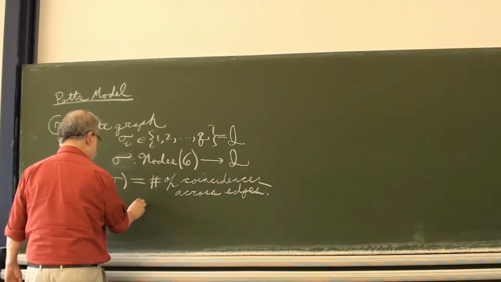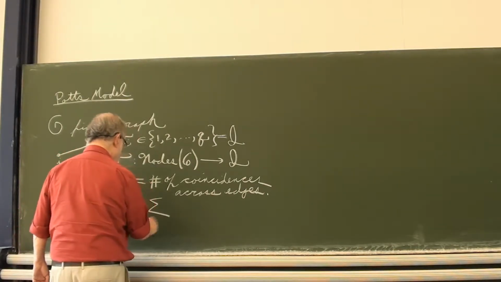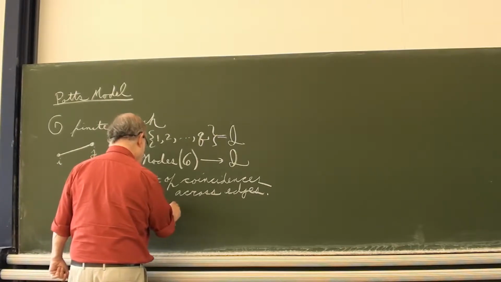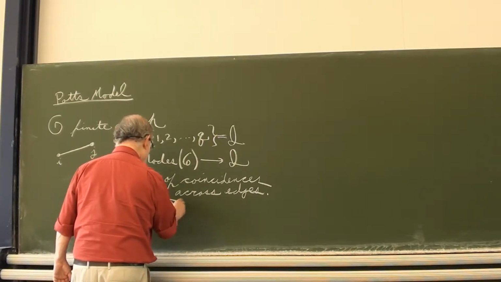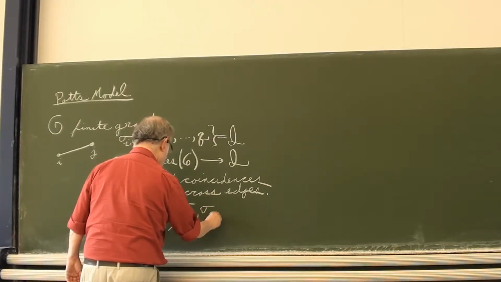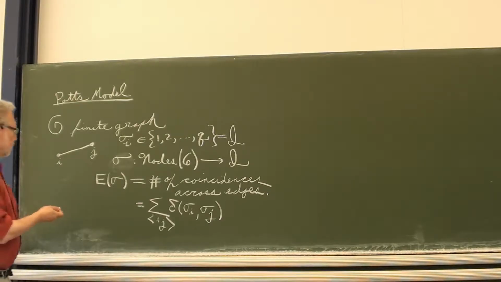So I could say that formulaically by taking the summation over the edges of the graph, which I'll denote by ij bracket, delta, Kronecker delta, sigma i, sigma j. So that's just counting whenever they're equal. And that's, by definition in this simplified model, the energy of the state.